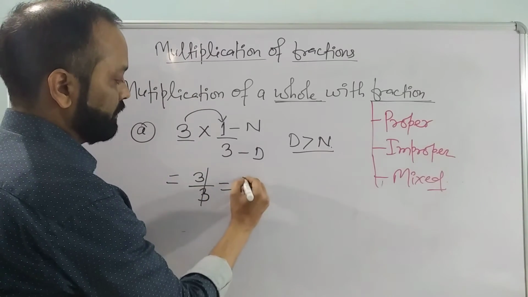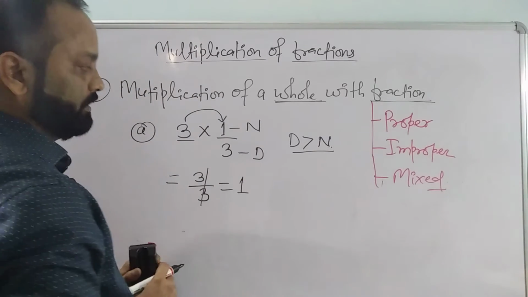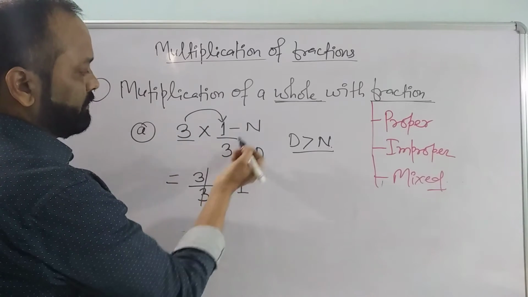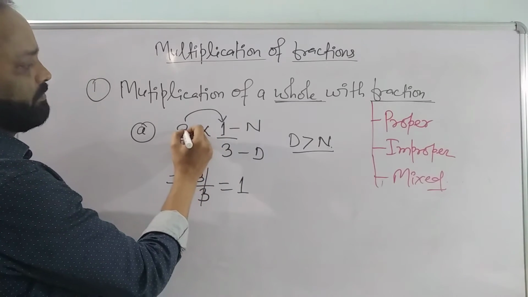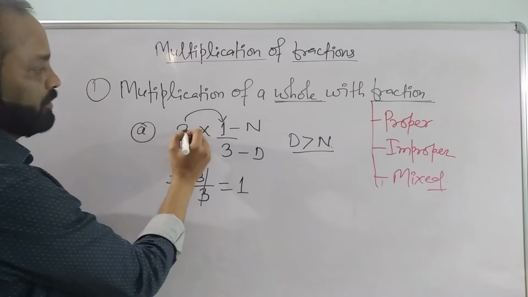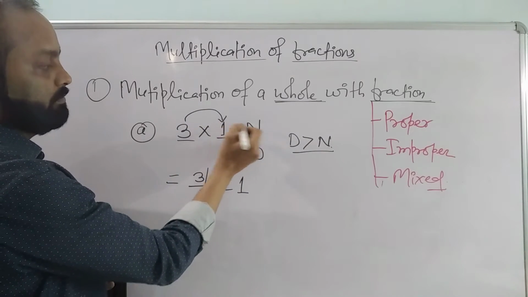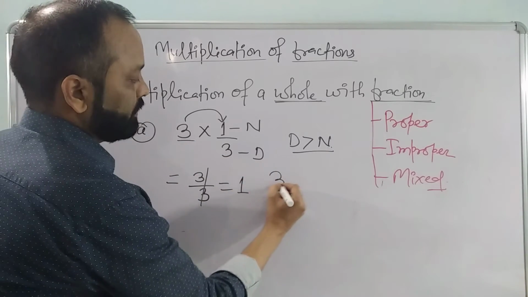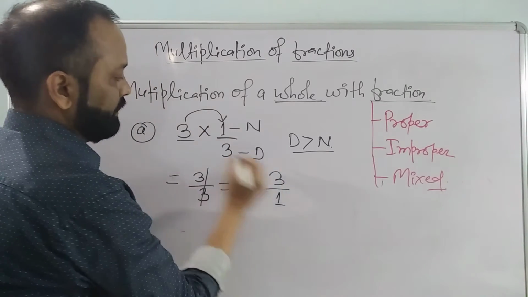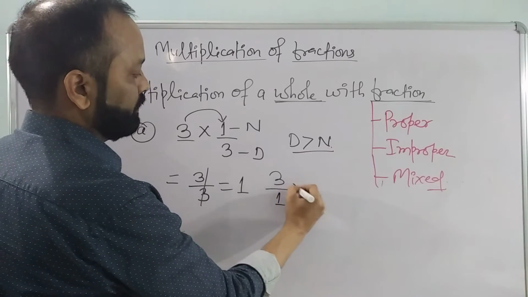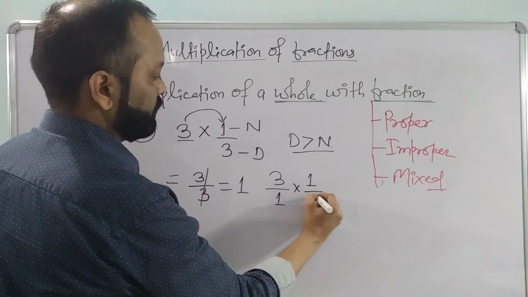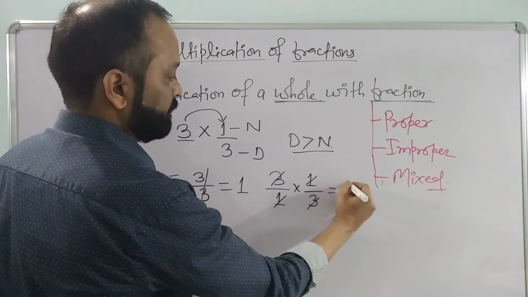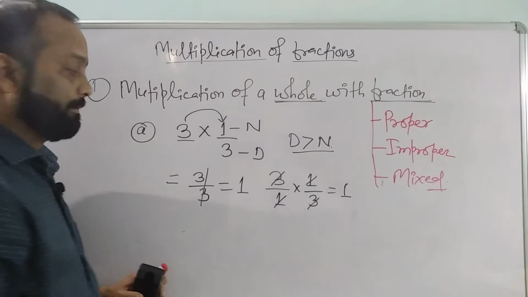So this will be 3 upon 3, correct? Now we can understand why we just multiplied the numerator 3 with the numerator of the fraction 1 only, and not the denominator. Can we write 3 as 3 by 1 or 3 upon 1, and this is 1 upon 3. So again you will get the same result, correct?